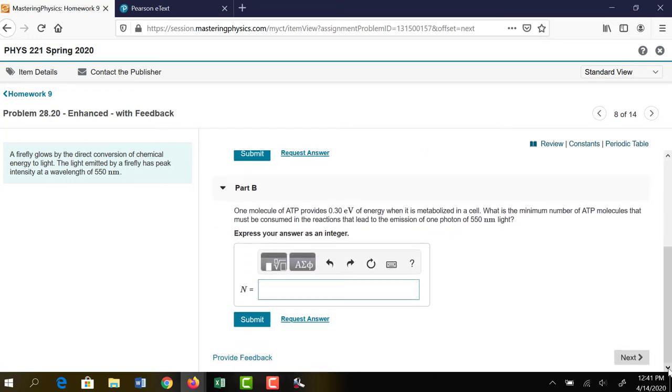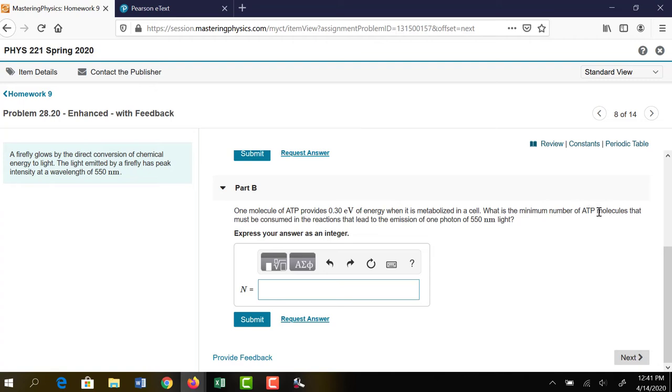Part B is, given that amount of energy that we just figured out, 1 molecule of ATP provides 0.3 eV of energy when it's metabolized. So if you know the total electron volts from part A, and 1 molecule will provide 0.3 of it, how many total molecules do you have to have? So let me read this fully.